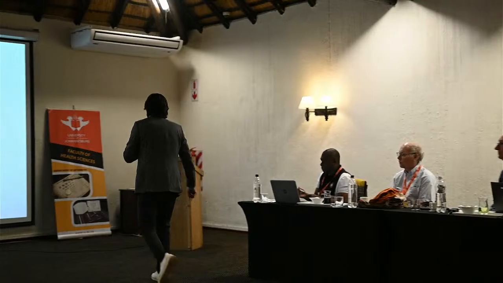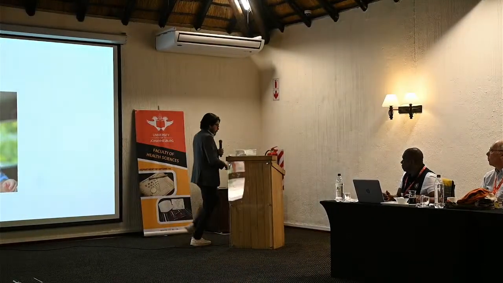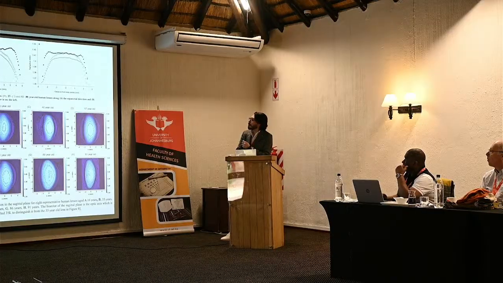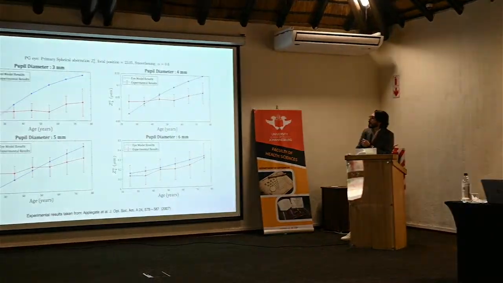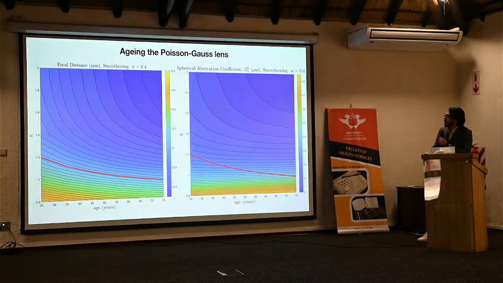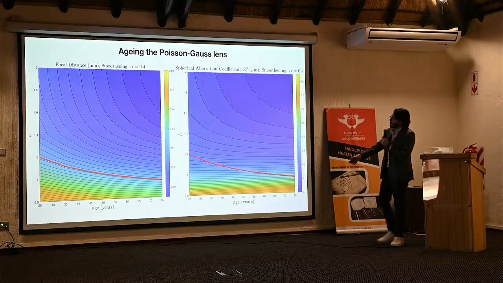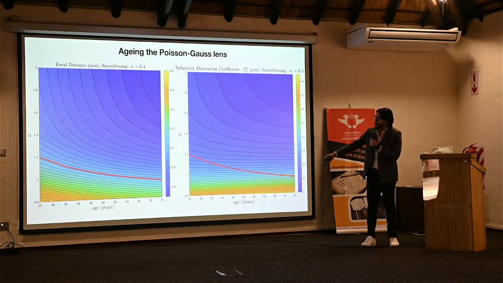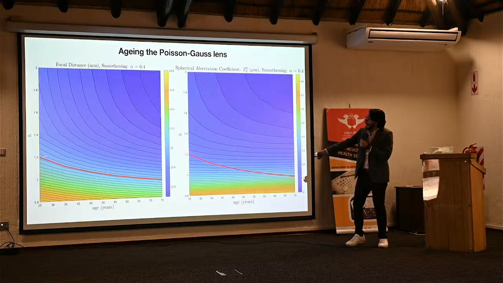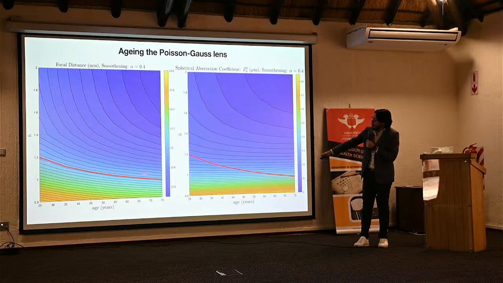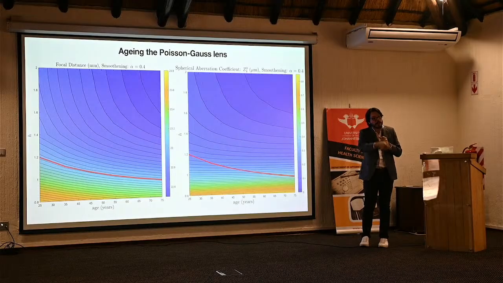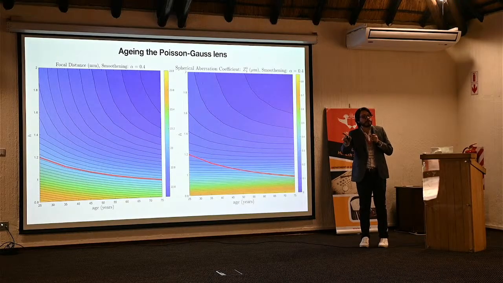Yeah, thank you for your question. I forgot to mention this. This is a trajectory in which the focus is constant. Now, we can take another curve which takes into account that hyperopia. Why didn't you do that?